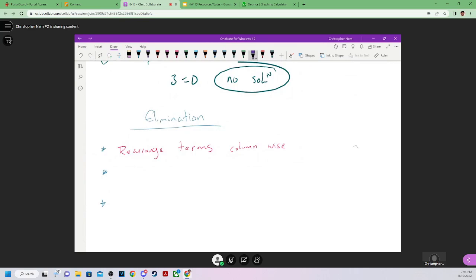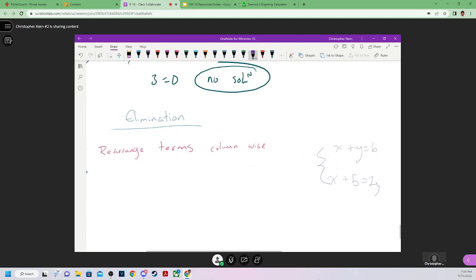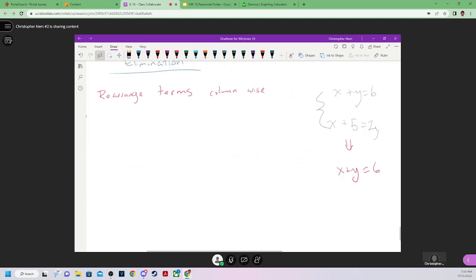So let's do an example. If the system was x plus y equals 6, and then x plus 5 equals 2y, I can rearrange this system to be x plus y equals 6. That can stay the exact same, but the second equation, I can turn that into x minus 2y equals negative 5. Boom.